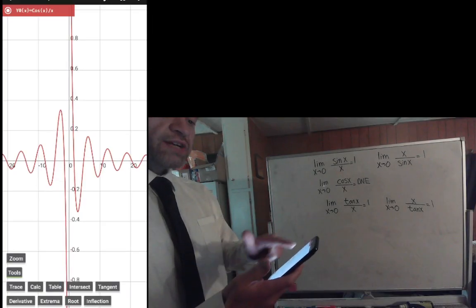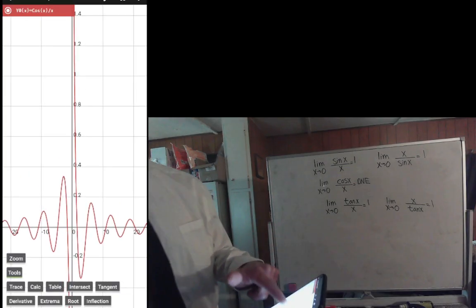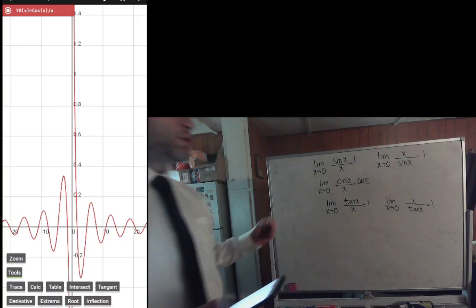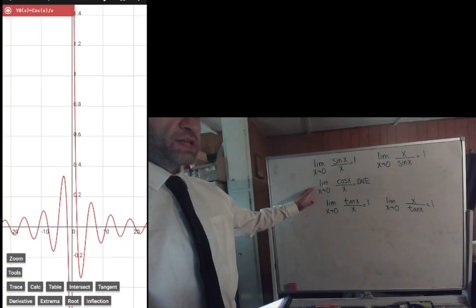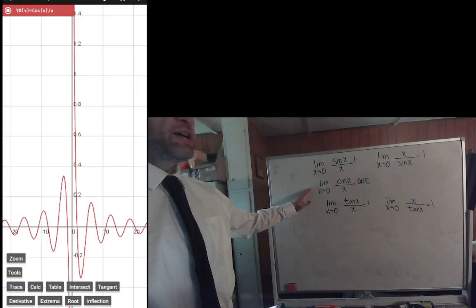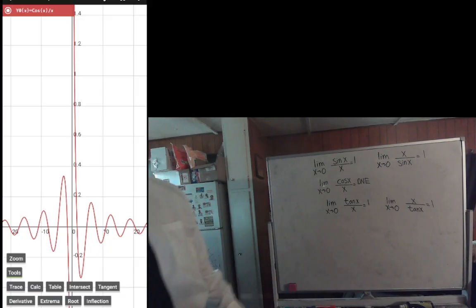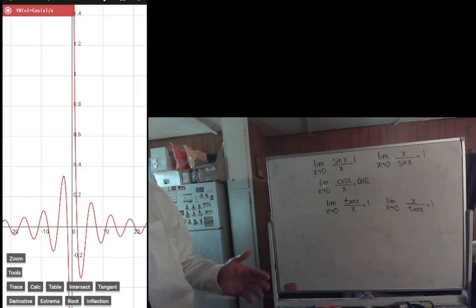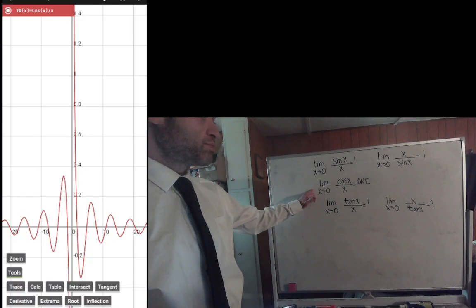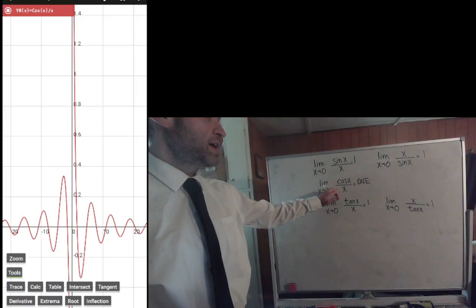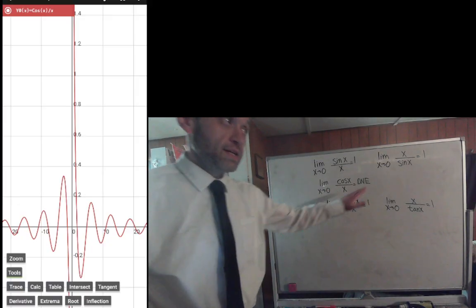If you approach 0 from the right, you're going towards positive infinity. Well, in order for the general limit to exist, the left-handed limit has to match the right-handed limit, and it clearly doesn't. And we see that graphically, so the limit as x approaches 0 of the cosine of x divided by x does not exist.